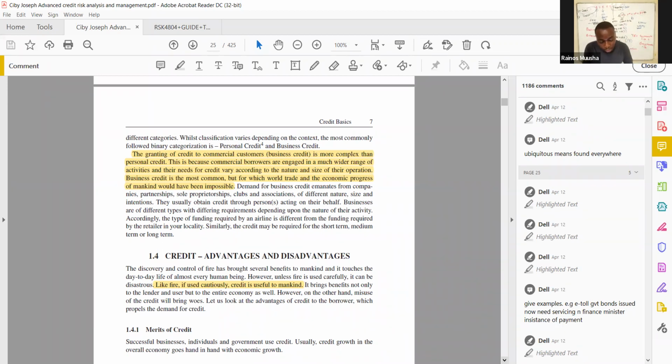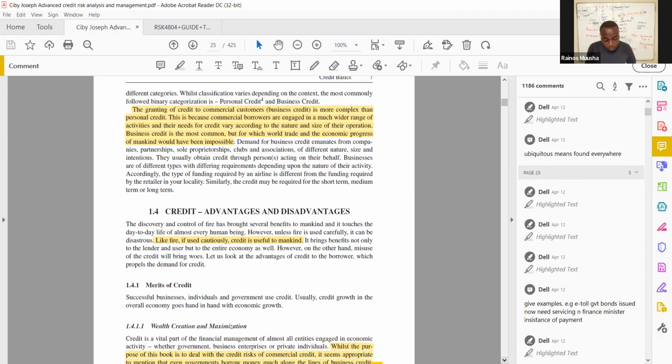Which means that without business credit, economic growth would have been very difficult to achieve, and our progression, for example technology-wise, would be very difficult, because to research more in technology you need credit so that you're able to finance the different research programs you need to come out with better products in the world, which improves our daily well-being as people as well.